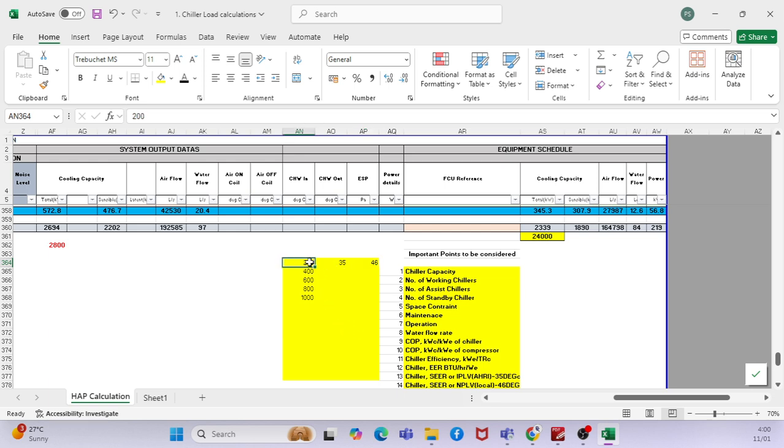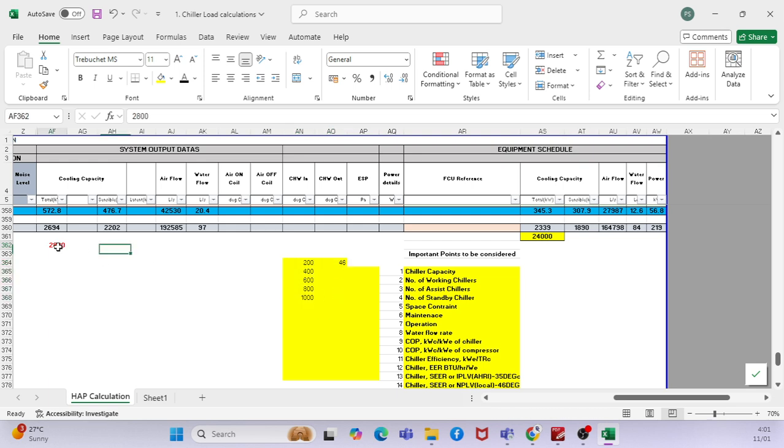Based on this condition, your chiller capacity may be 140 or 150 kilowatt based on the ambient conditions, so your availability will be based on these temperatures. Whatever heat load you calculate, you are going to divide by the capacity of the chiller for that particular project. Just for our assumption, we will take this kilowatt for 46 degrees Celsius.